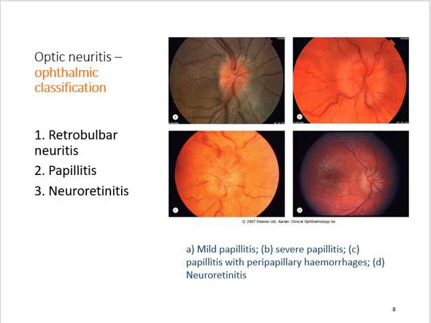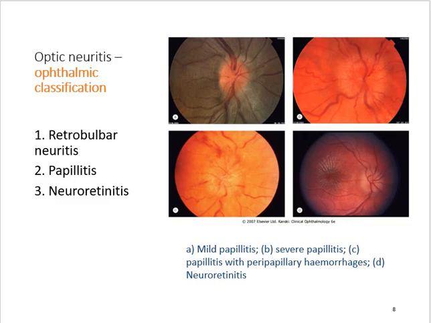Then there's papillitis. Papillitis is the most common type of optic neuritis in children, and it affects the optic nerve head. The optic disc becomes swollen or edematous, and it's also associated with flame hemorrhages around the optic nerve.